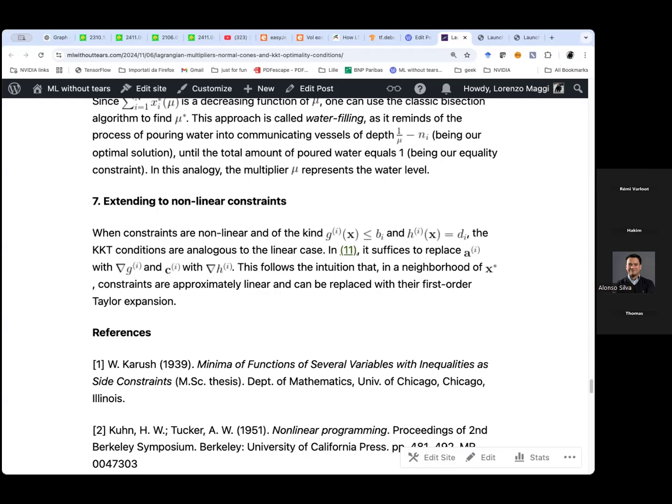I don't know if there are questions. Doesn't seem so. Just a comment on my side. I thank you, Lorenzo. I really appreciate this presentation. I use the Lagrangian method to apply the principle of entropy maximization. It is also used in that case to find the probability distribution that fits a prior knowledge.